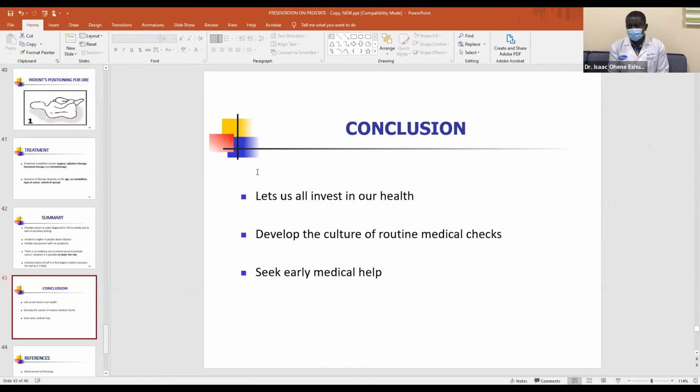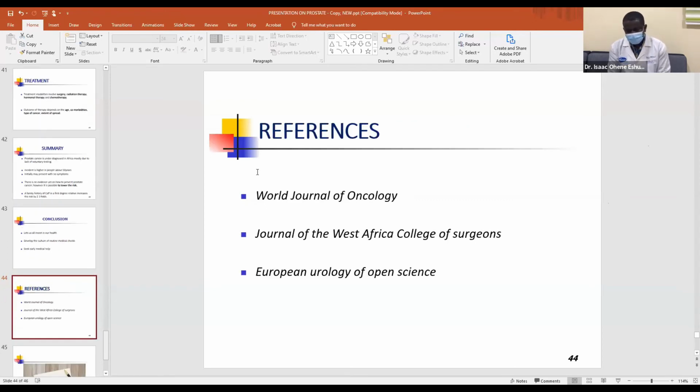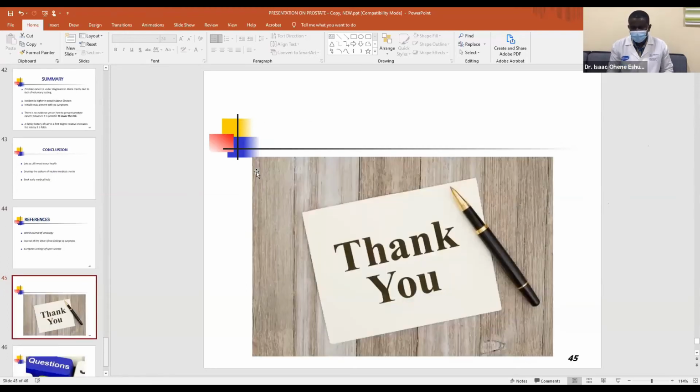So we encourage all of us to be health conscious and be checking our health, and we should seek early medical care. These are some of the references, some from lecture notes, some from the World Journal of Oncology. At this point, we would take questions, if there are any.